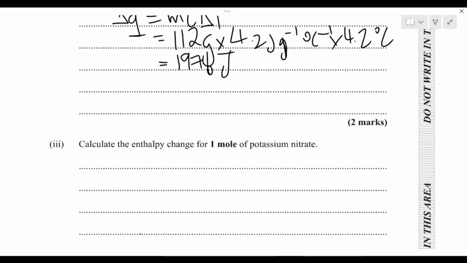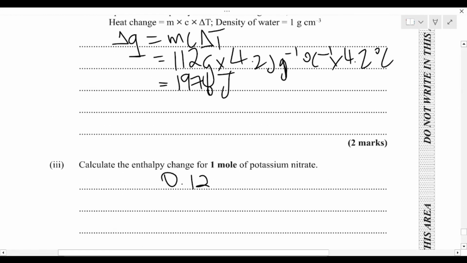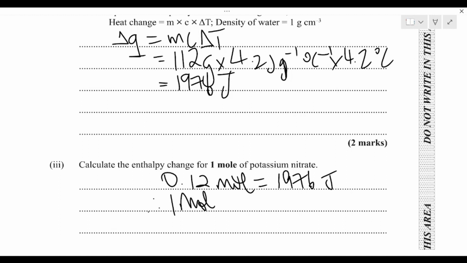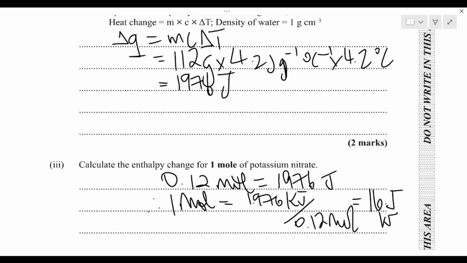Now, we know that the enthalpy change for 0.12 moles, as we calculated earlier, was 1,976 joules, and the enthalpy change for 1 mole is going to be, let's just convert that to kilojoules so we have our answer, 1.976 kilojoules over 0.12 moles, which will give us, per my ability to calculate, I hope, 16.5 kilojoules per mole.